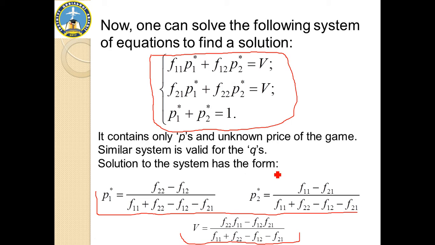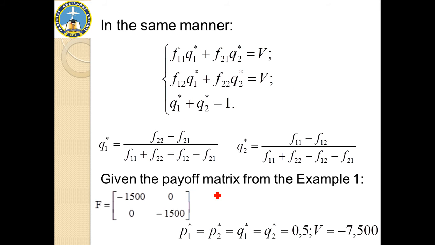The solution to the system has the form of combinations of individual payoffs. In the same manner, the shares of the second player can also be found, the Q's: Q sub 1, Q sub 2.